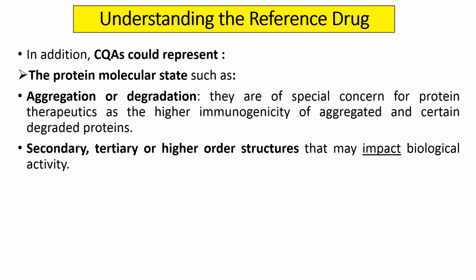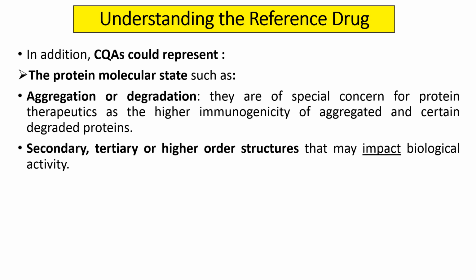So it is very important that the CMC strategy for biosimilar drugs includes information about aggregation or degradation, because for protein therapeutics, the presence of aggregation or degradation means a higher immunogenicity.